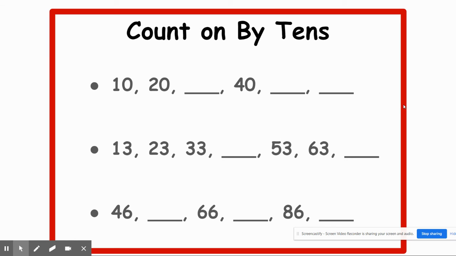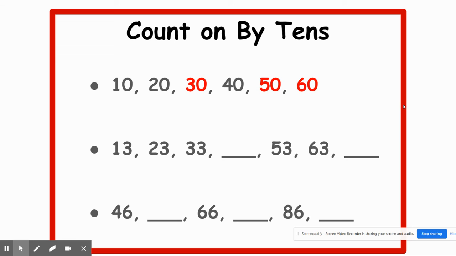Now we're going to do some practice of counting on by tens. As you can see, each dot has a different sequence of numbers counting by 10. Remember, you're only going up by 1 ten each time. Pause and solve. All right, here's the first one.